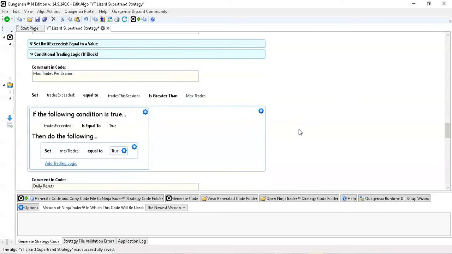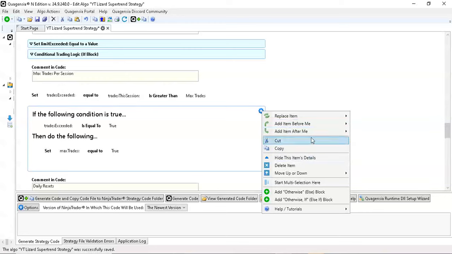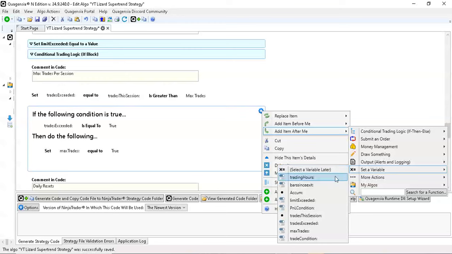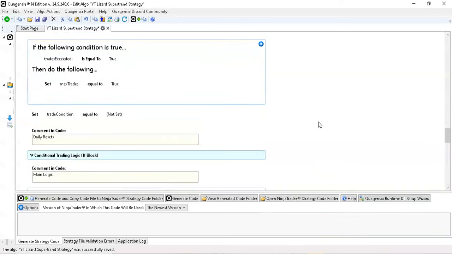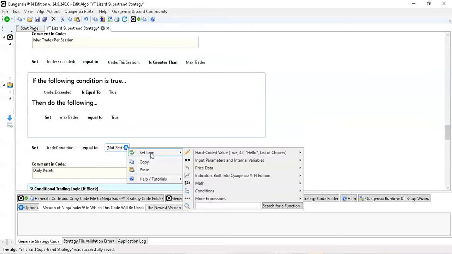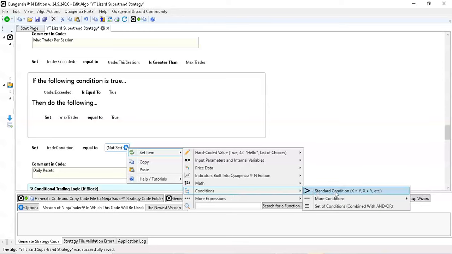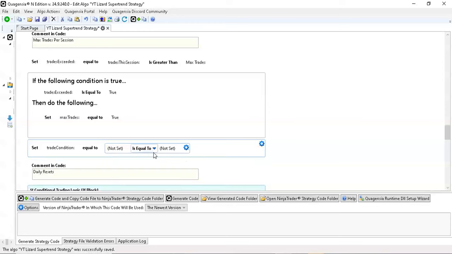All right, so we got that. So now what I'm going to do is set the trade condition. Copy, paste. Just change this to less than. And I'll explain why in a minute.